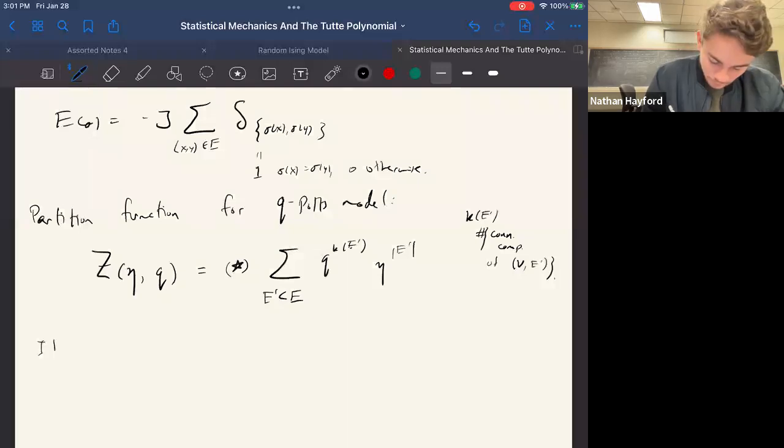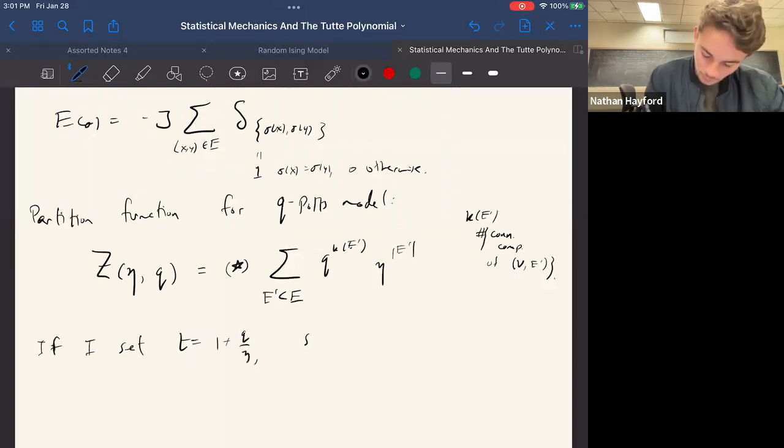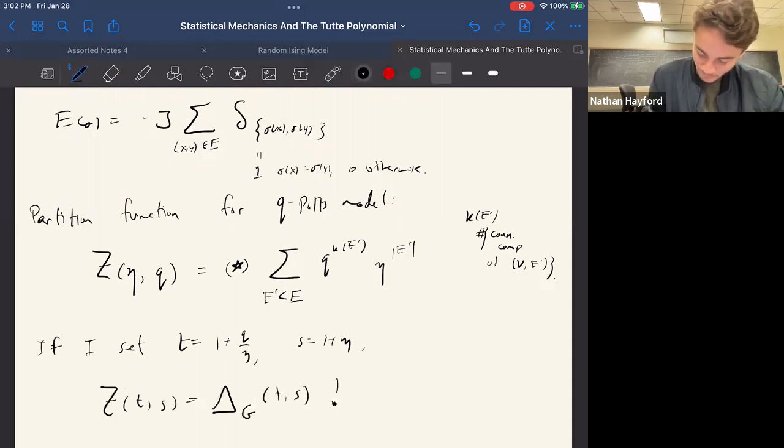If I set t to be 1 plus Q over eta and s to be 1 plus eta, then Z of these new variables, t and s, is exactly the same thing as the Tutte polynomial. So there is the variant of the Tutte polynomial as promised.